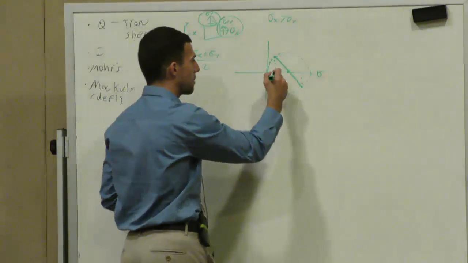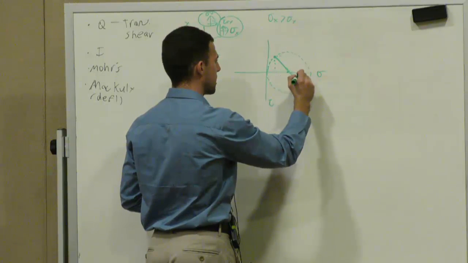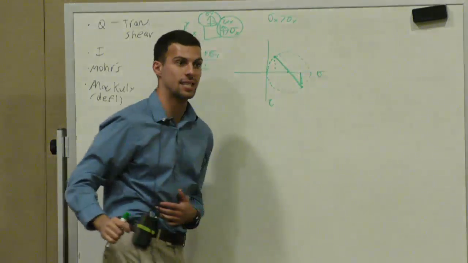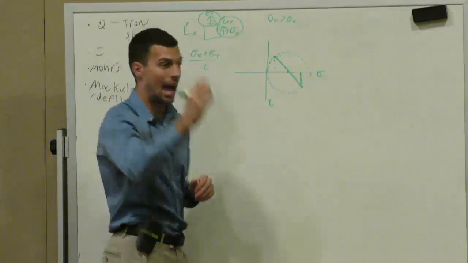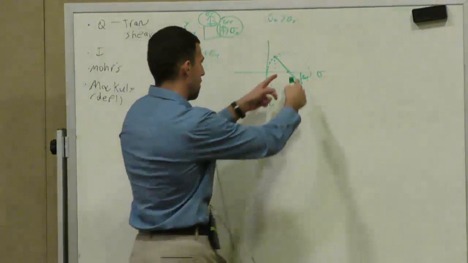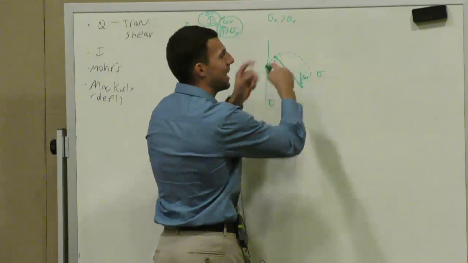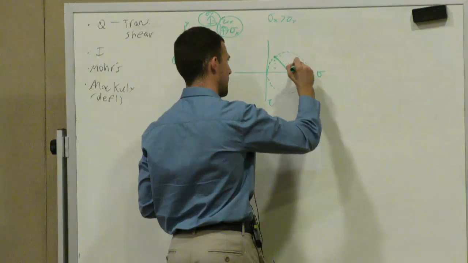Pythagorean theorem, right? We have some right triangles here, right? We know this height here, right? We know that that's what? What's the value of that height? Tau xy, right? And so now we just need this. So what is that distance? So we're looking for this distance right there.